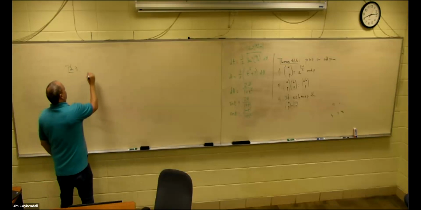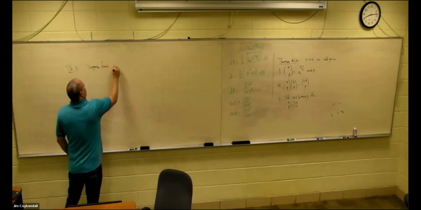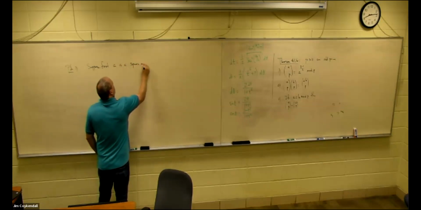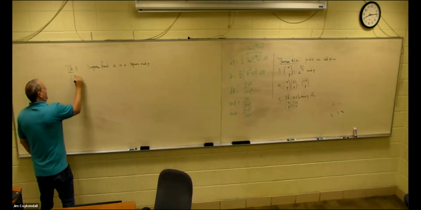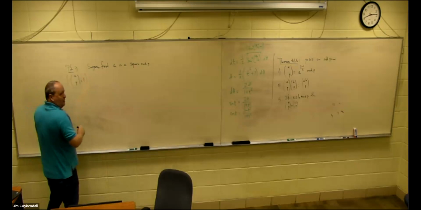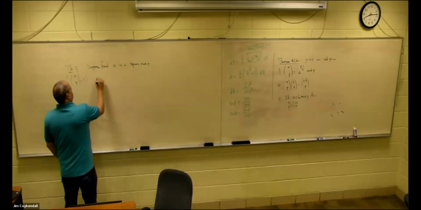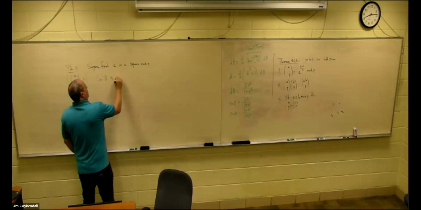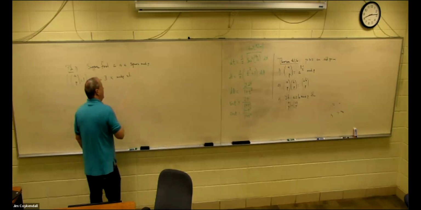Let's suppose first a is a square mod p. That is to say that (a/p) is 1. Well, there exists an x mod p such that, well, actually, let me do it this way.